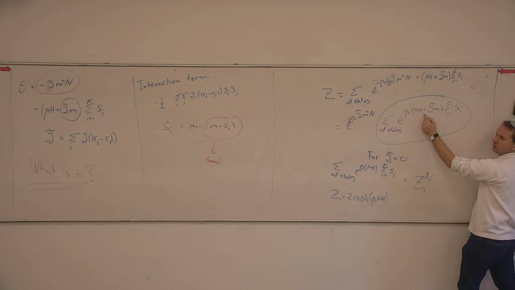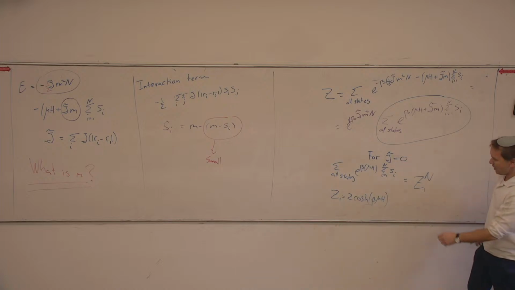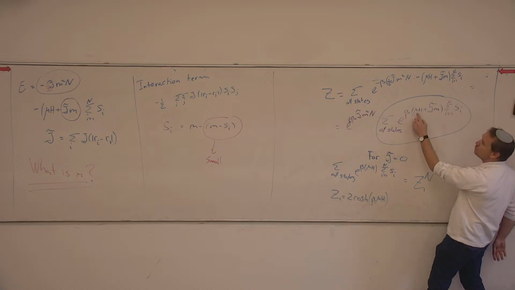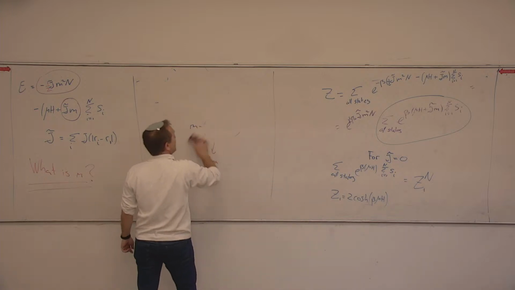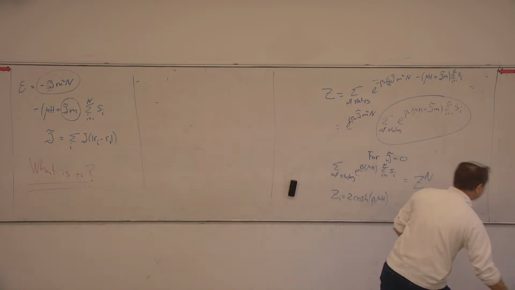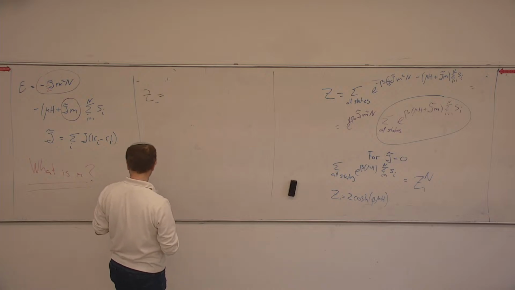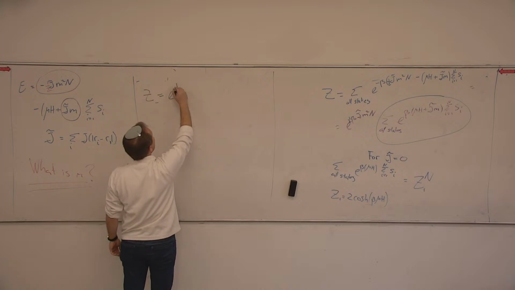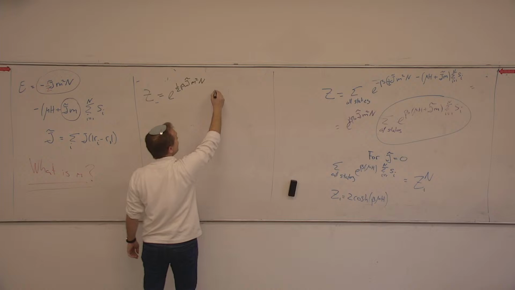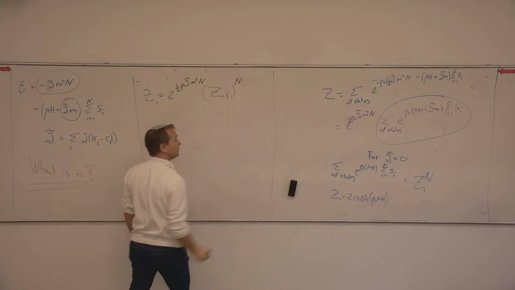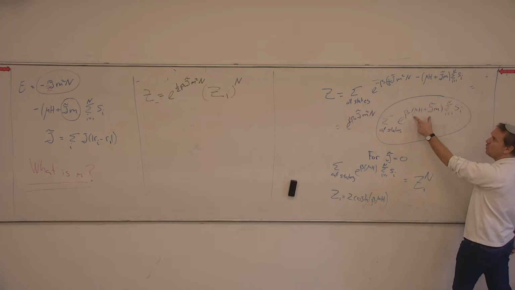So if I treat this as an effective field, I can repeat this procedure of factorization, where instead of beta multiplied by mu h, beta is going to multiply mu h plus J tilde M. So this Z, not a free Ising model, equals e to the 1/2 beta J tilde M squared N, times Z1 to the power N. Now Z1 we're treating not for J equals 0, but we factor it exactly as if J equals 0, and we have this effective field.